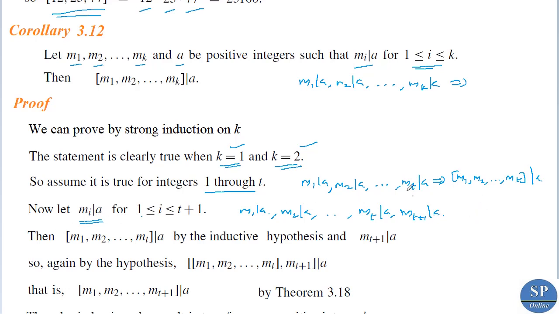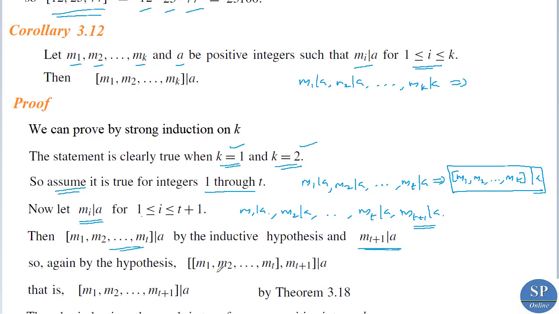By the assumption, we have the LCM of m1, m2, etc., mt divides a. Also, we have mt plus 1 divides a.